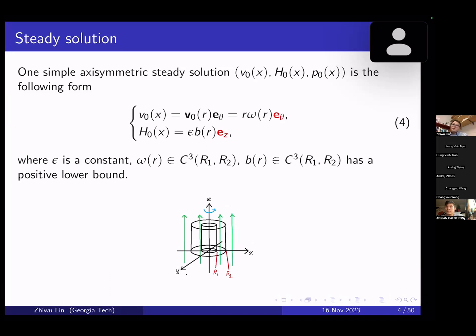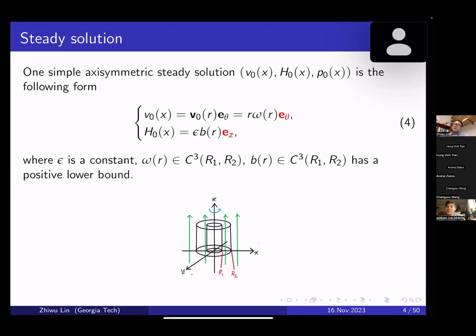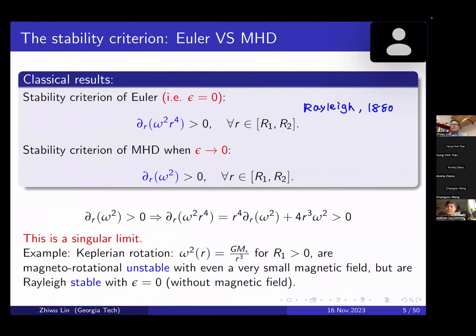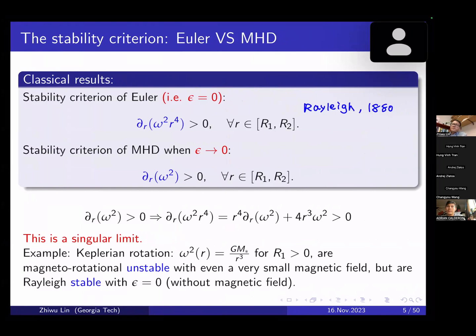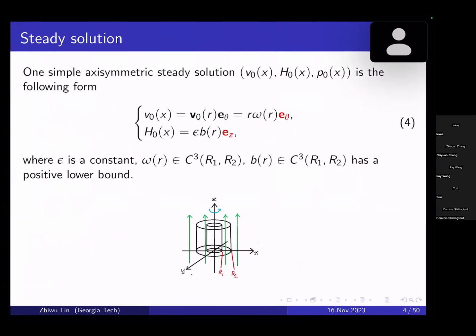Now let's look at the stability of this kind of steady solution. First, let's recall a very famous result for the rotating flow. In other words, if you don't put any magnetic field and just consider the 3D Euler equation, this rotating flow is a steady state of the 3D Euler equation.